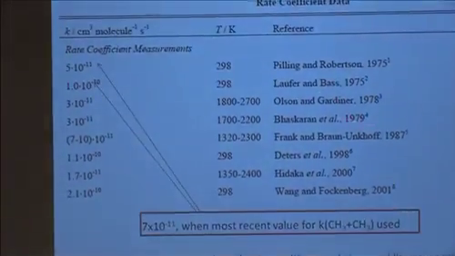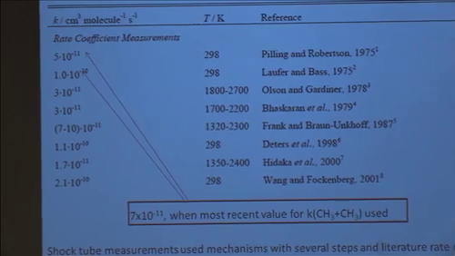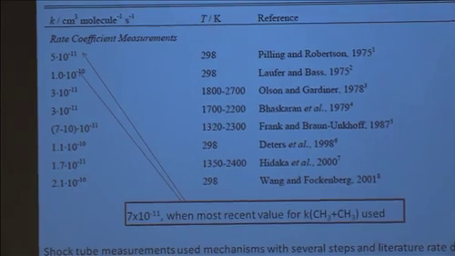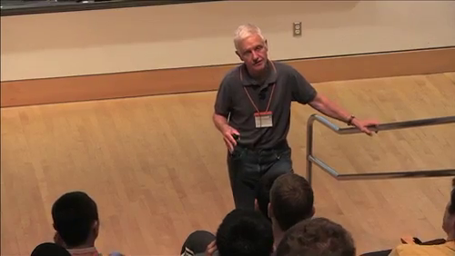If you go to some of the higher temperature data, a lot of it, again, dating back to the 80s and the 70s, they used complex mechanisms to interpret the measurements and hence determine the rate coefficients.